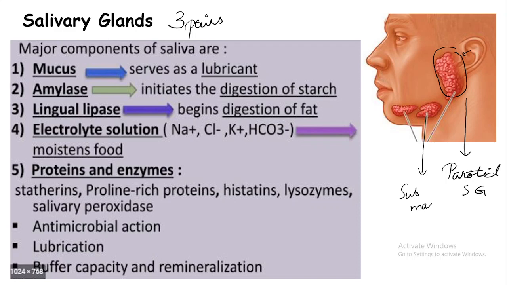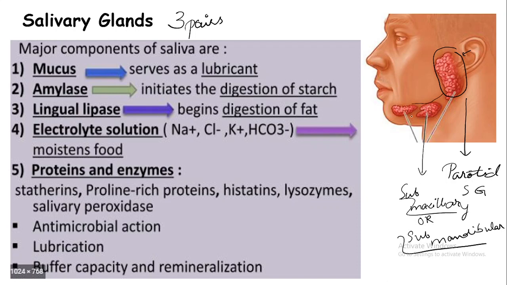Next, coming to this one, which is called the submaxillary, or another term is submandibular. In some books it is referred to as submaxillary, in some others submandibular, but both are the same. Sub refers to something which is below, right?